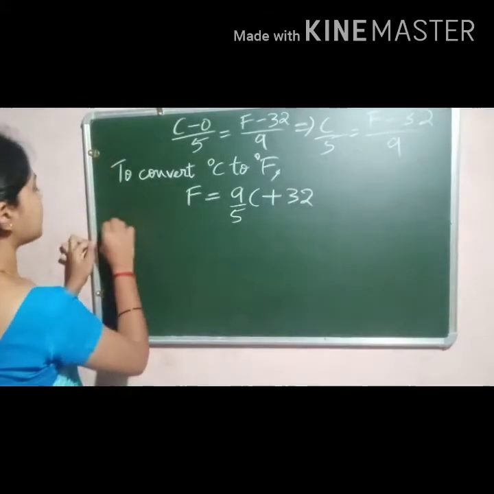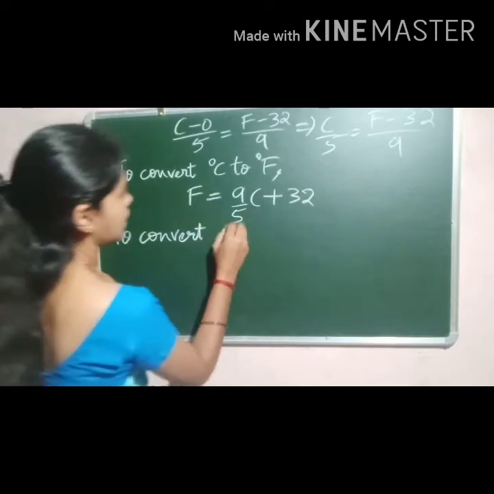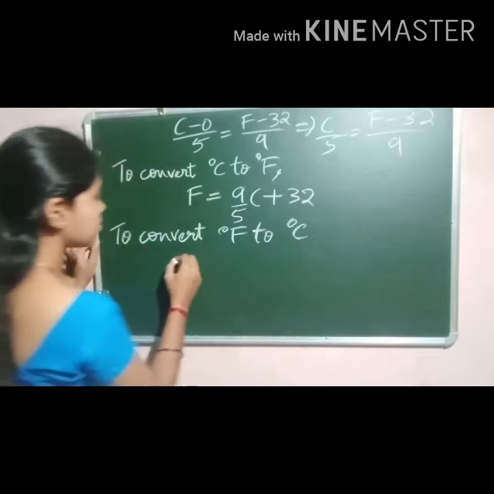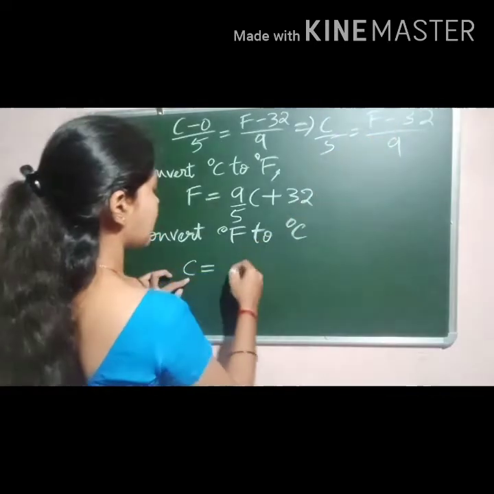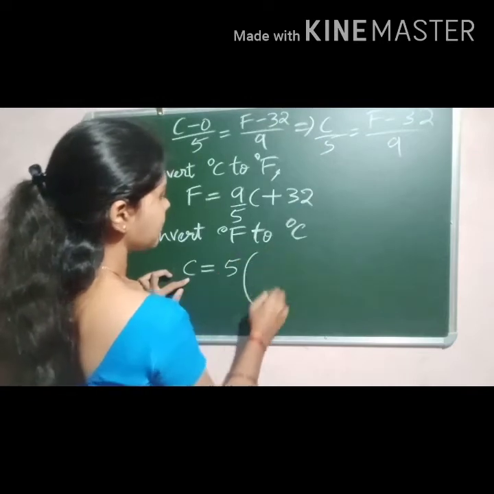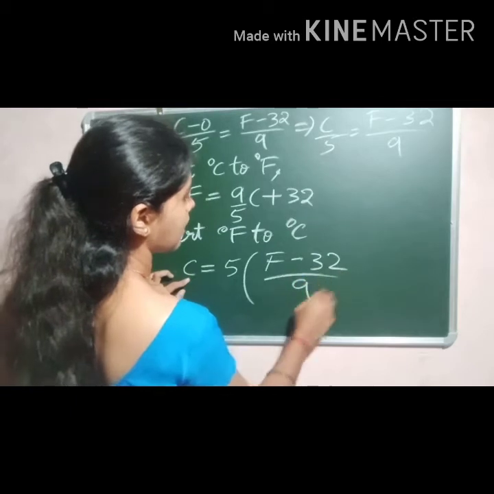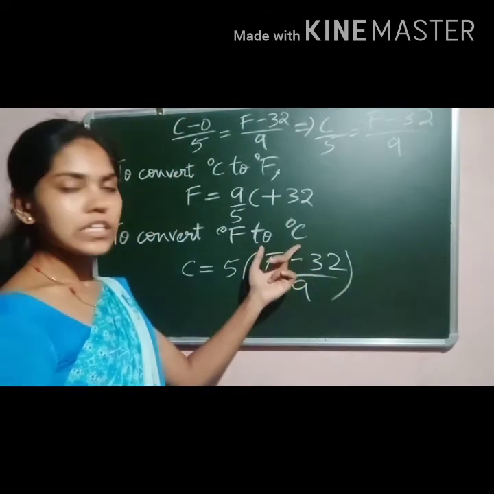And to convert degrees Fahrenheit to degrees Celsius, you can use this formula: C is equal to, transposing the 5 now, 5 into F minus 32 divided by 9. This is the formula to convert Fahrenheit to degrees Celsius.